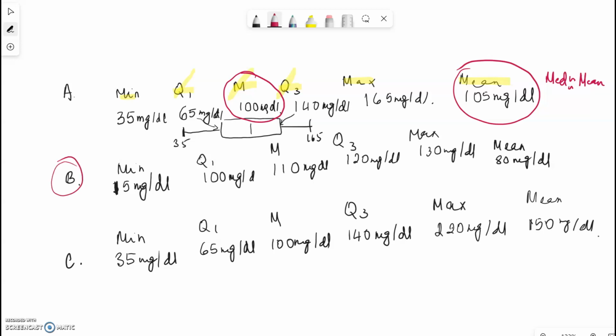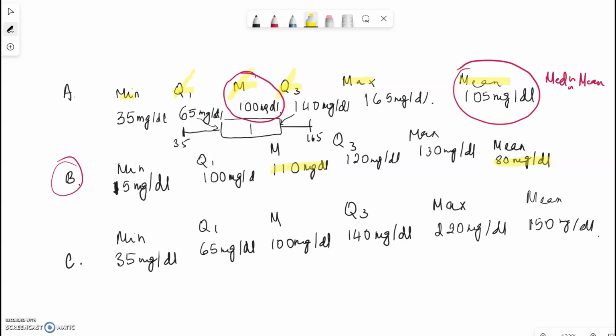Again, the 5-number summary is given and also the mean. Just by looking at the mean and the median, just compare the mean and the median. The median is 110. The mean is 80 milligrams per deciliter. So the mean, remember, is not resistant to outliers.